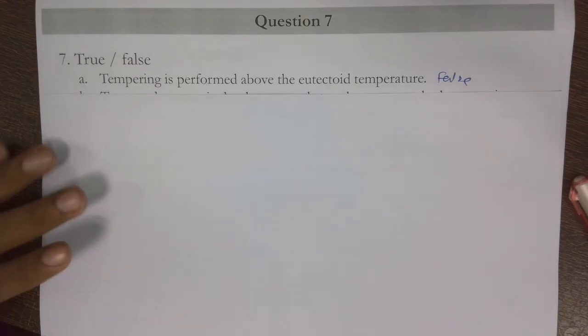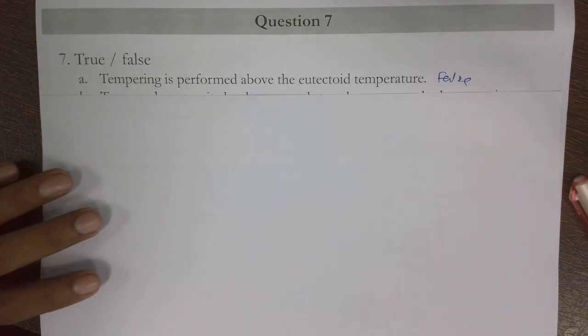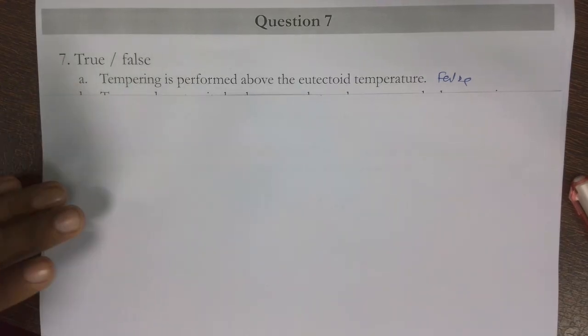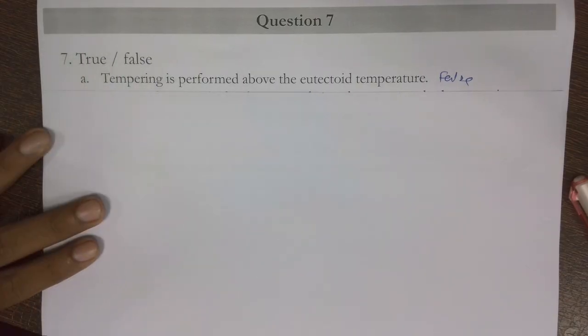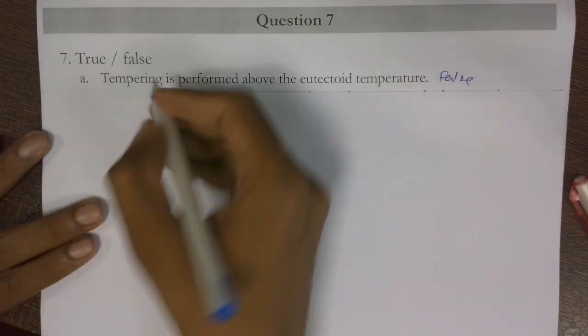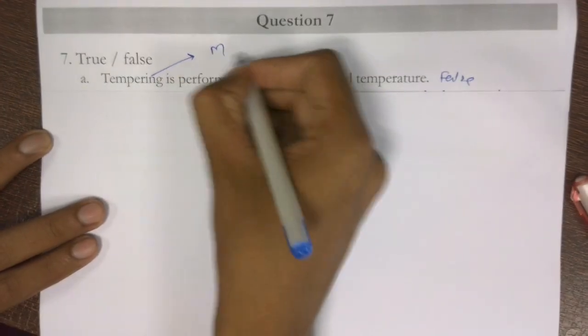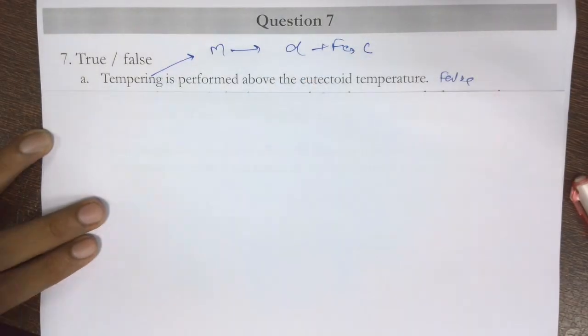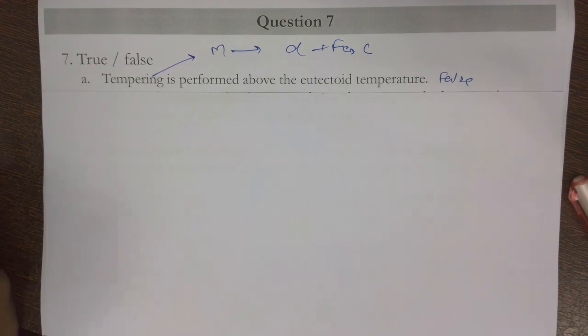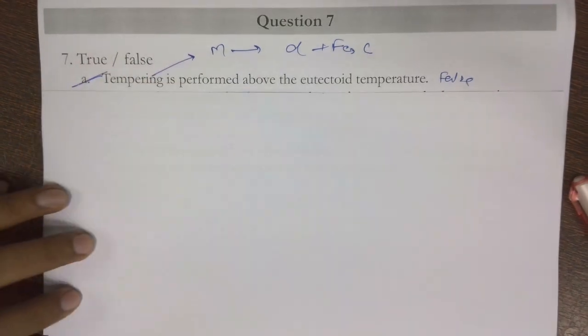If we go above the eutectoid temperature, then what will happen? Austenite will form, right? And we don't want to form austenite. The tempering process is to convert martensite to ferrite and cementite. So with that we can say that it's false.